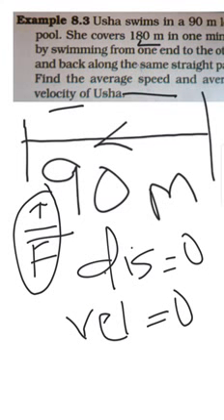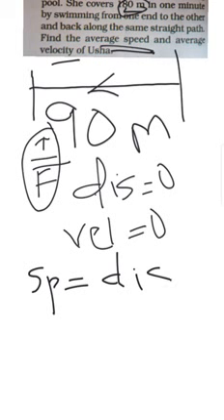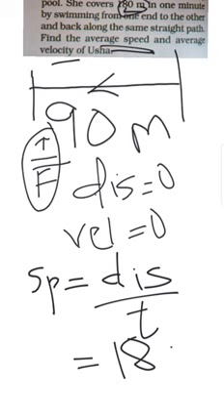Now we know the distance and we know the time, so we can calculate average speed. Speed will be equal to distance by time. What is the distance given? It is 180 meters.